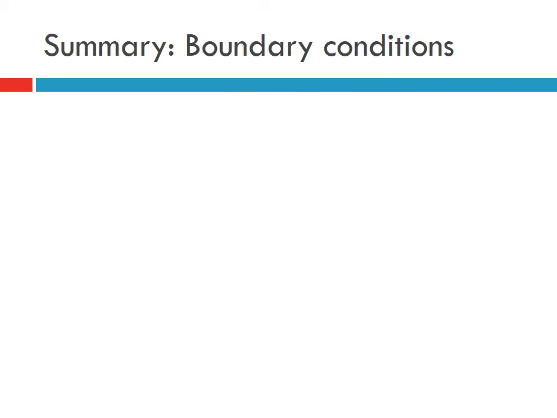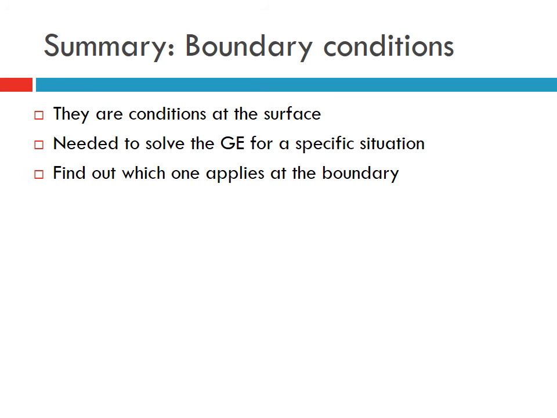Then we talked about boundary conditions, which are conditions at the surface that are needed to solve the governing equation for a specific situation. Otherwise, we get general answers. We have to find out which one applies at the boundary.